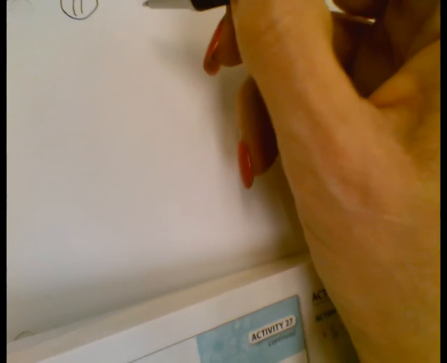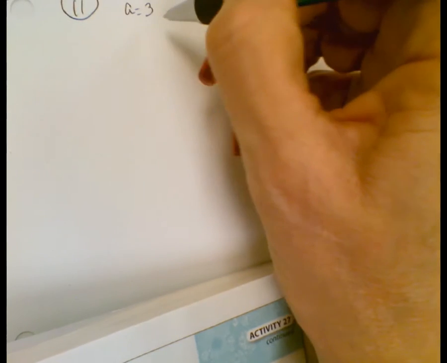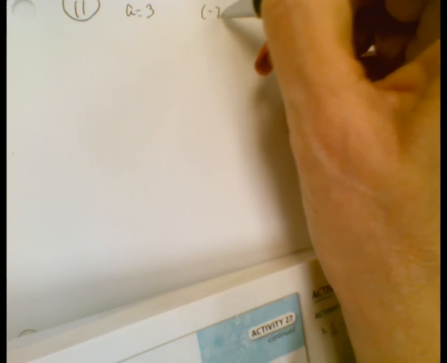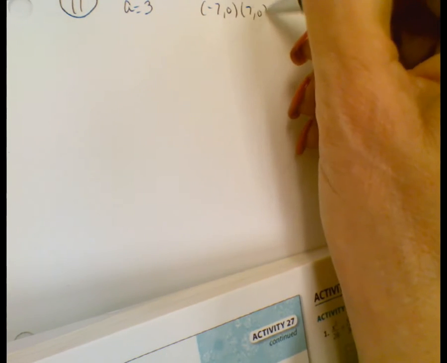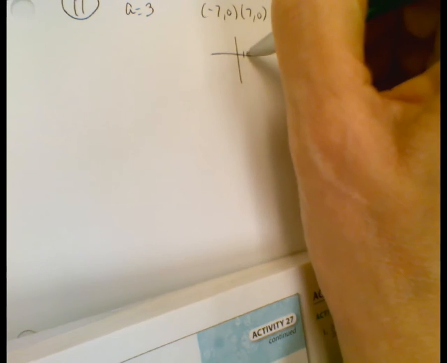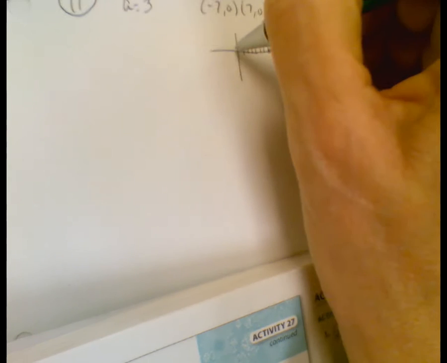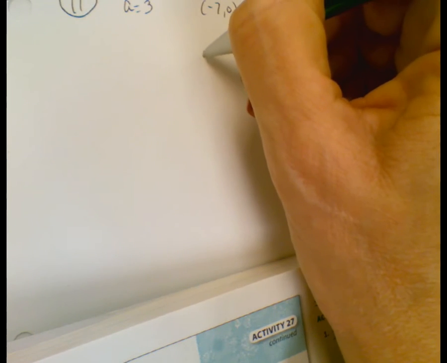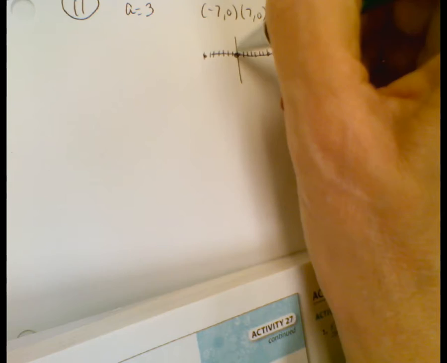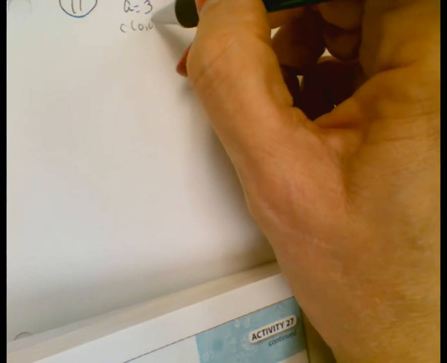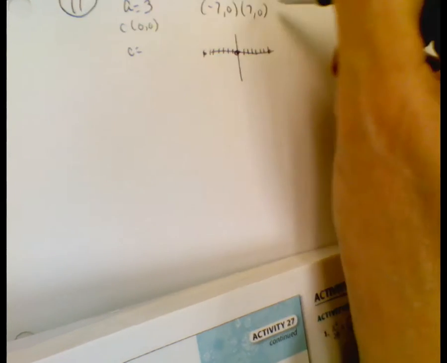All right, well, we know that a is 3, and since they say the foci are at -7, 0 and 7, 0, the center has got to be 0, 0. So the center is 0, 0, and c is 7.